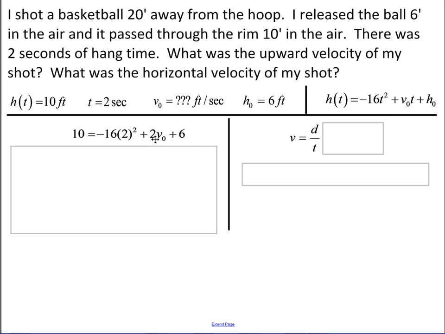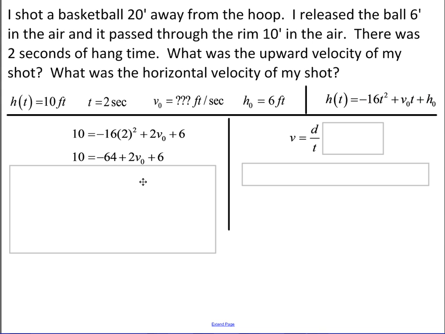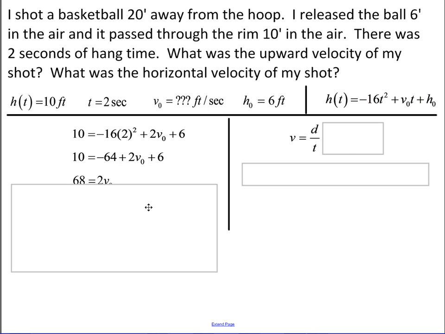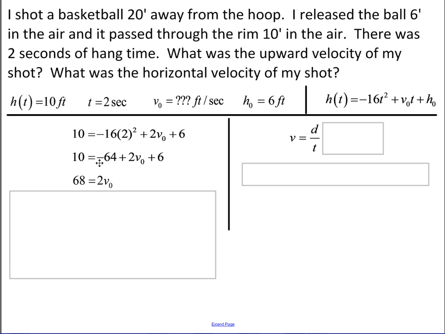There's only one variable here that we're solving for, and everything else is constant, so it's just an algebra problem like the last one. We can simplify this term here down to negative 64. This stays 2v naught and this stays 6. Collapse our constants all together on the left side by adding 64 to both sides and subtracting 6 from both sides, and we're left with 68 is equal to our lone 2v naught that's still here.